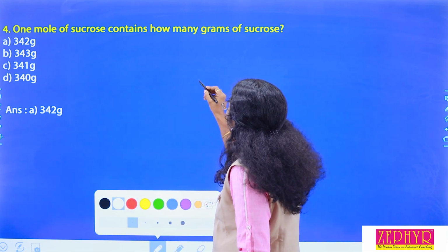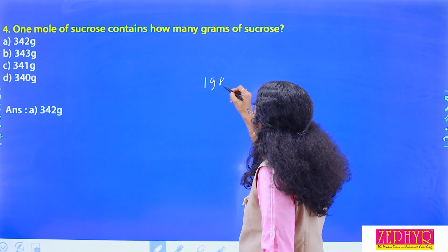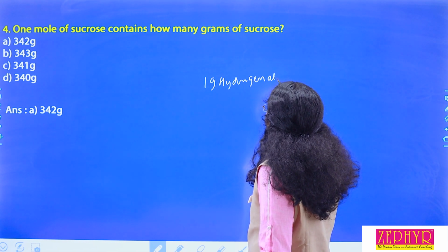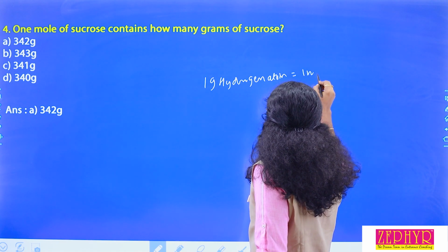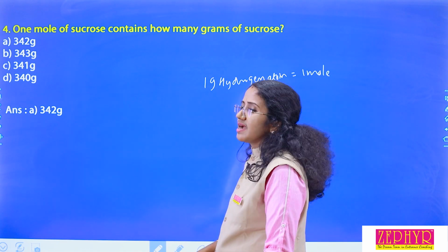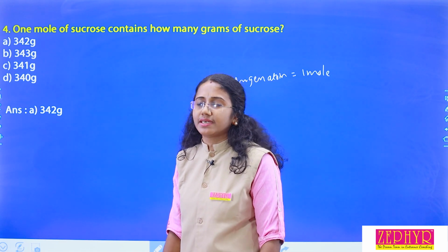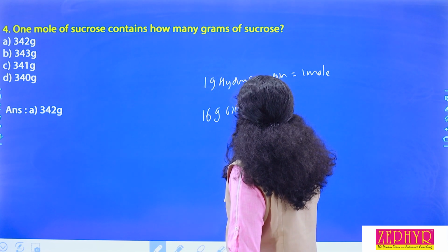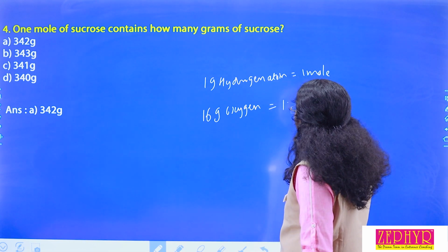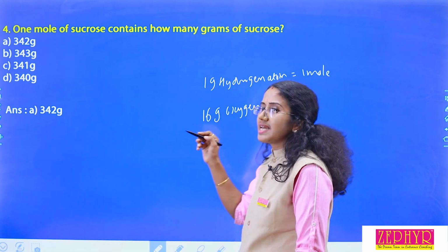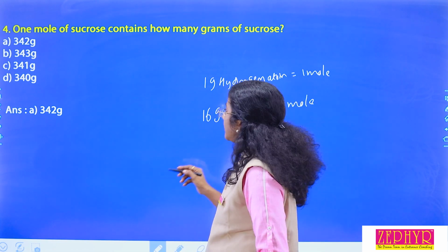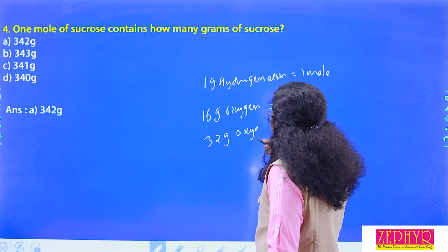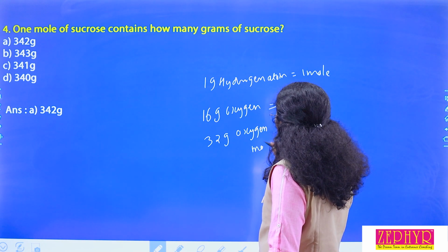See, 1 gram hydrogen atom equal to 1 mole, because 1 is the atomic mass of hydrogen. Then 16 gram oxygen atom equal to 1 mole, because 16 is the atomic mass of oxygen. Then 32 gram oxygen molecule equal to 1 mole.